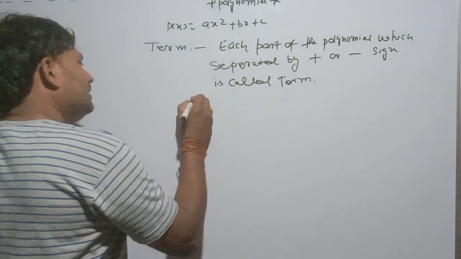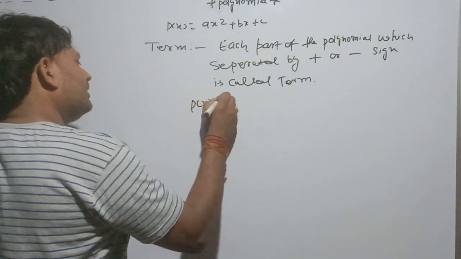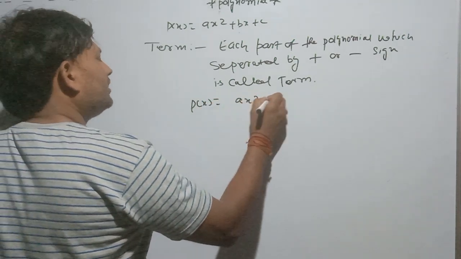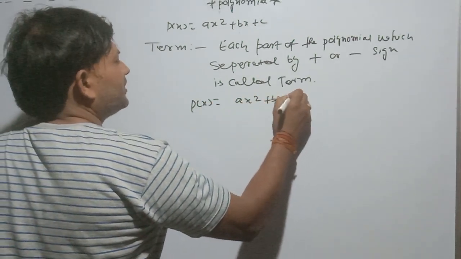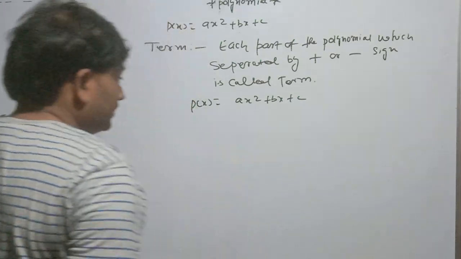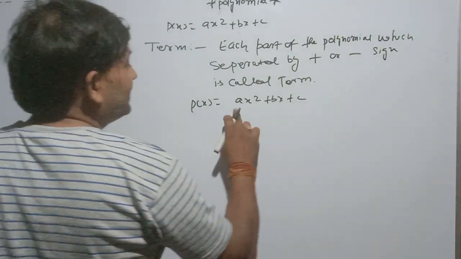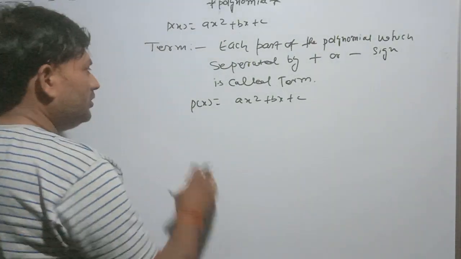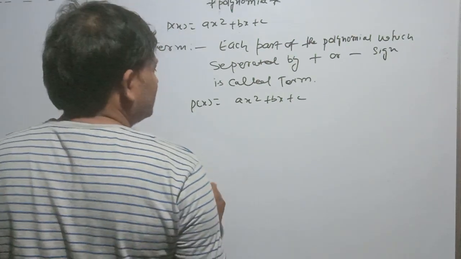For example, if p(x) = ax² + bx + c, you can see that there are three terms in that polynomial. How many terms? 3.